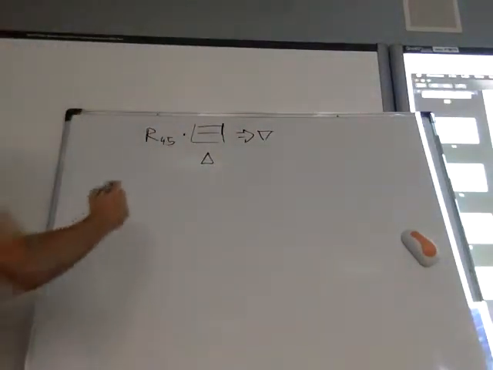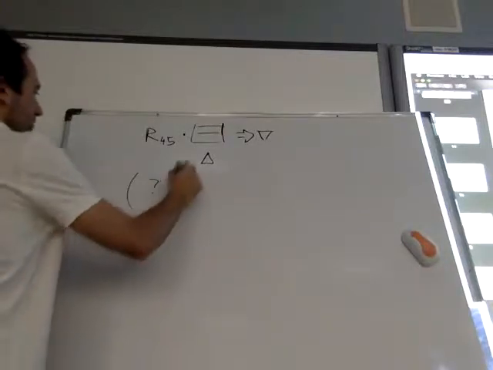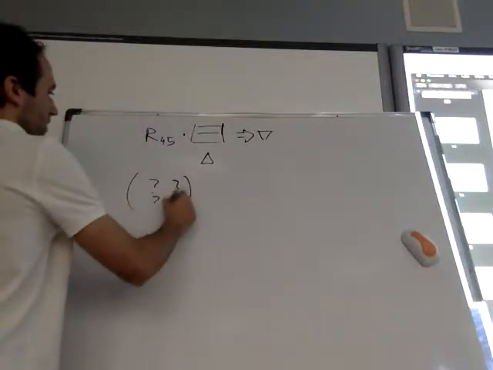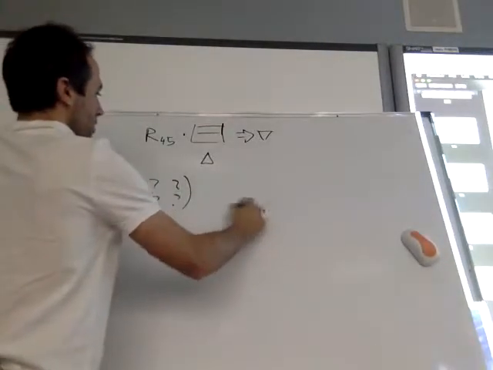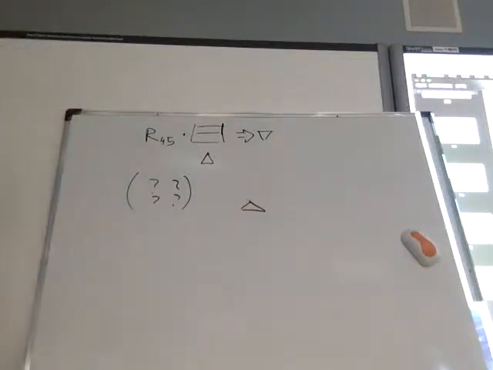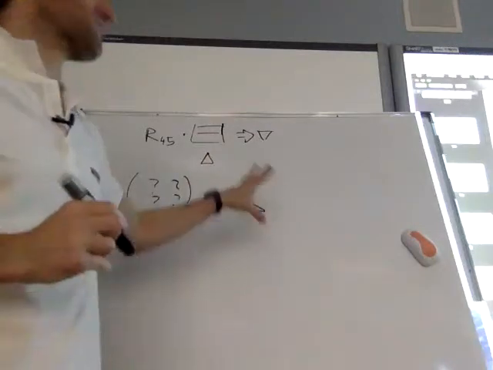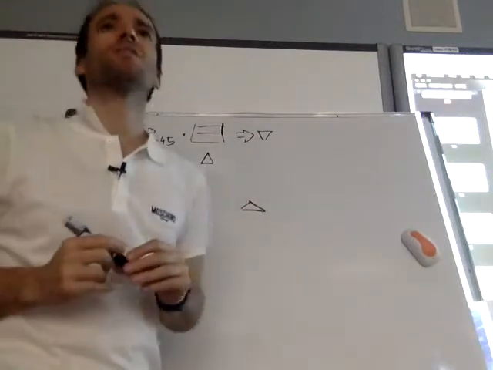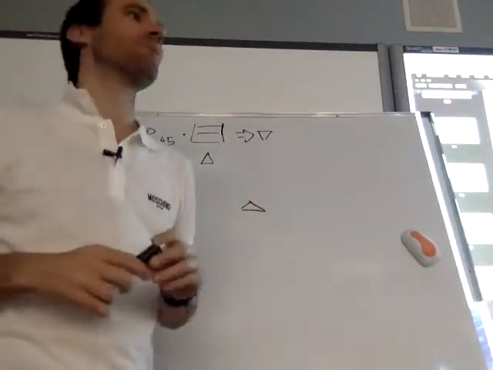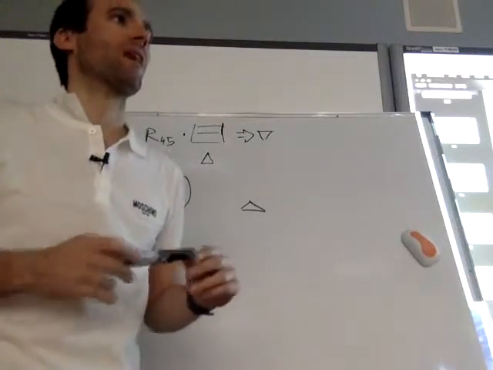Question: what's the matrix if I want to do a 50% squash? What is the matrix that accomplishes that? Any ideas?